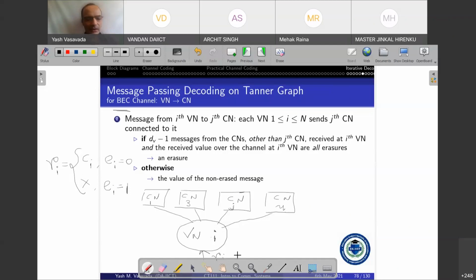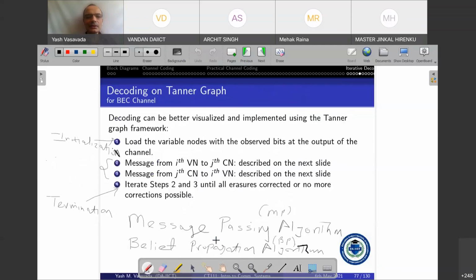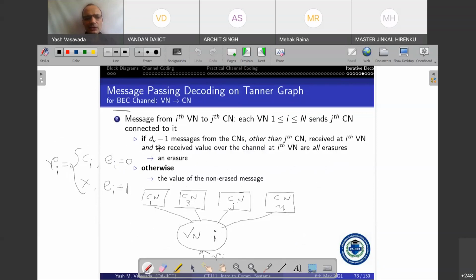So that R of I, the received bit, is what we have already loaded on the ith VN in step number 1. Right? So that is what step number 1 is. And if VN I is lucky, then it will not be an erasure, and it will actually be equal to the transmitted bit C of I. But if the ith VN is unlucky, then it will get an erasure.